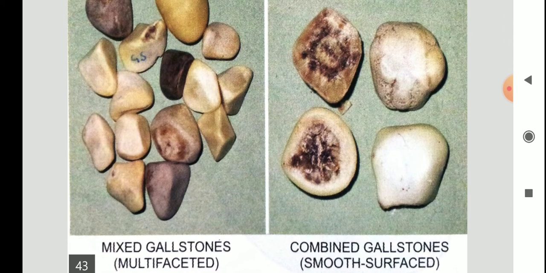Some beautiful stones there. The mixed gallstones, the multifaceted one. So you can see a multifaceted personality can host such multifaceted gallstones, with a pinch of humor there. So the combined gallstones, the smooth surfaced one.